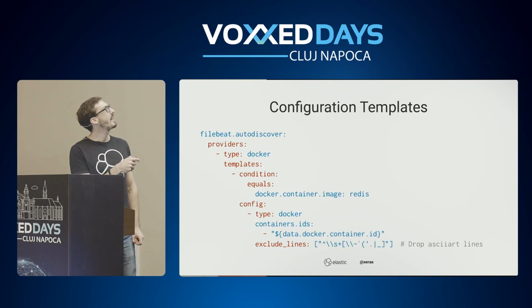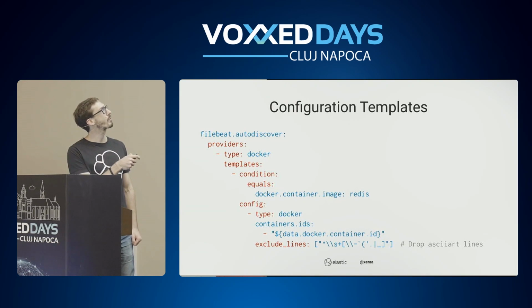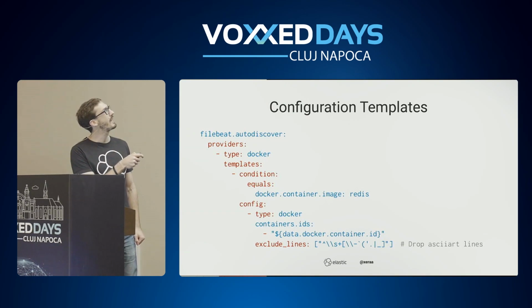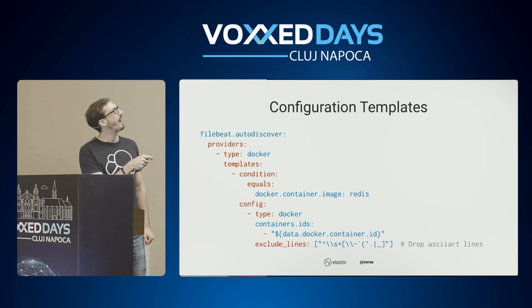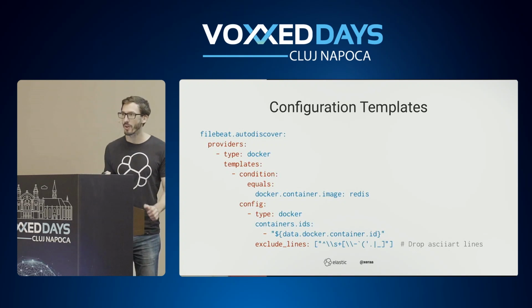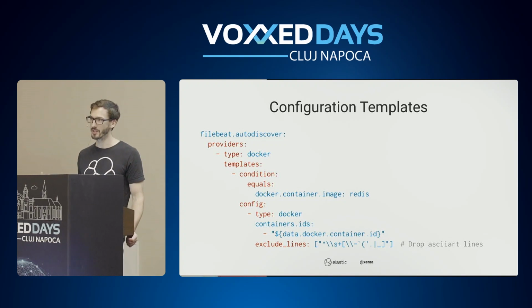And the condition is if I have a container running that is based on the Redis image. So we have a Redis container running. And then I want to apply some configuration. And the configuration is I take that ID that I have extracted from above, and then I want to exclude those specific lines. So this is basically the workaround how to kick out that ASCII Art.